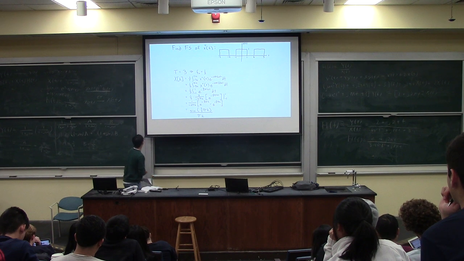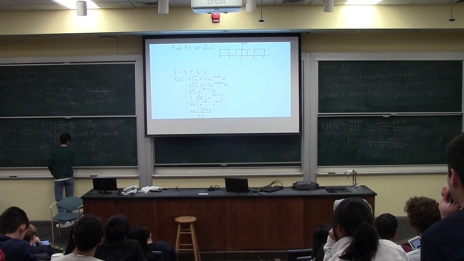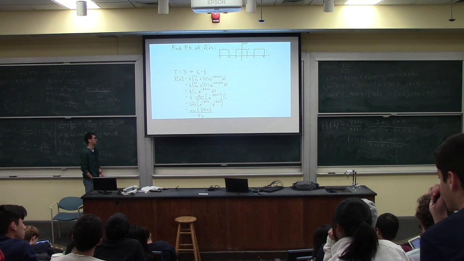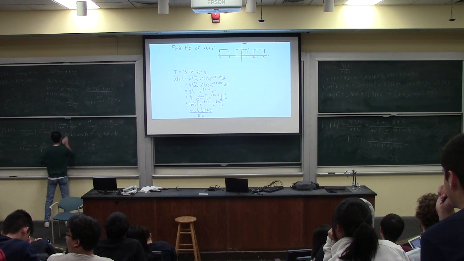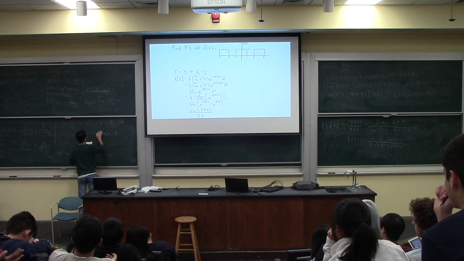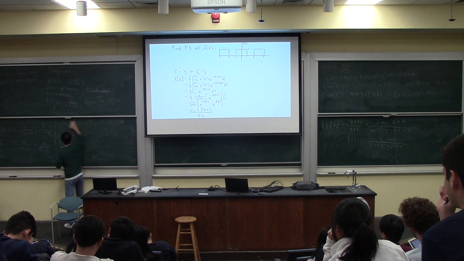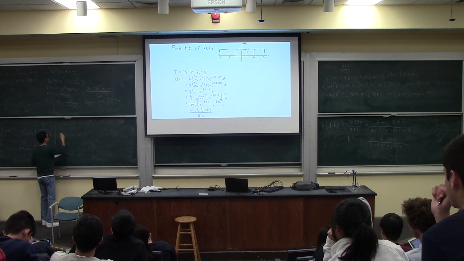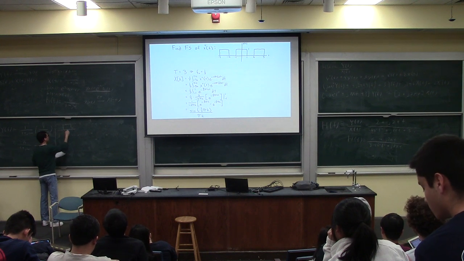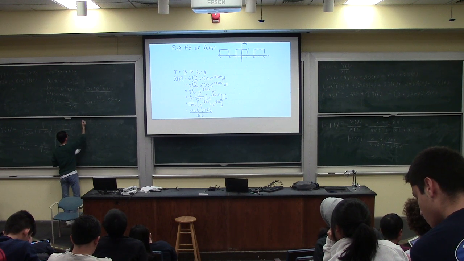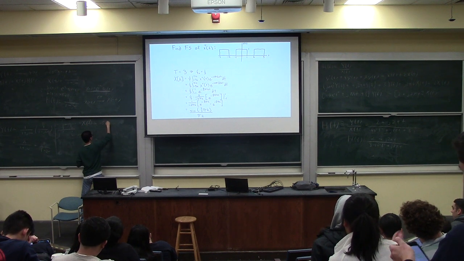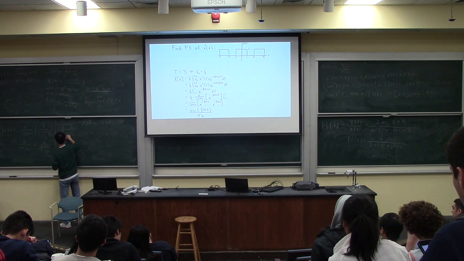So, an example of where that happens. If you have a square function by itself, going from -1 to 1, the Fourier transform is just equal to sine.